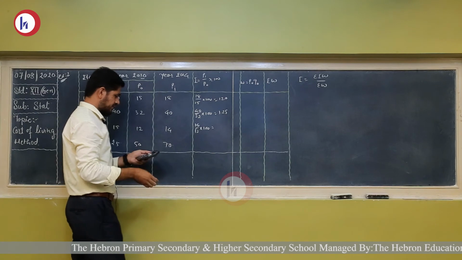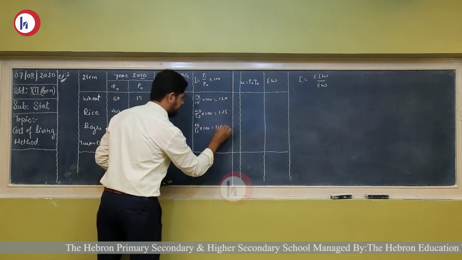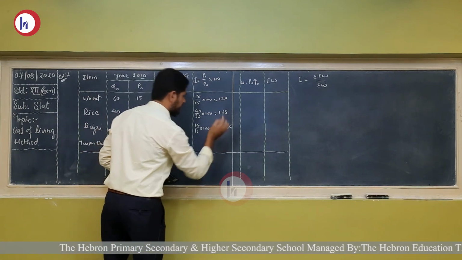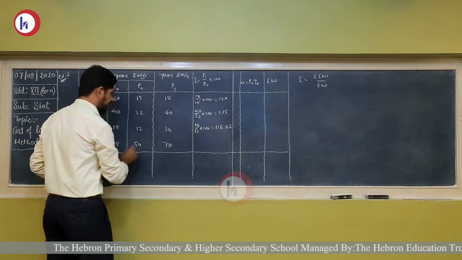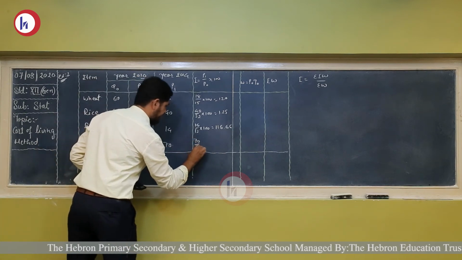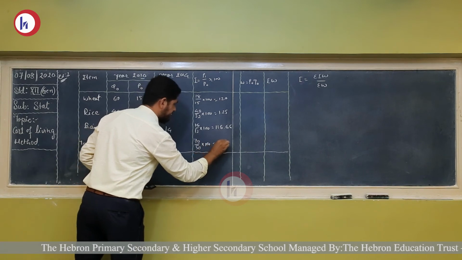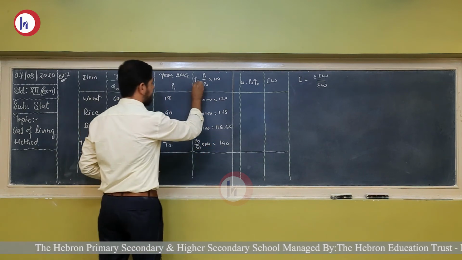Now finally 70 divided by 50 into 100, that is 140. So we have found the value of I.